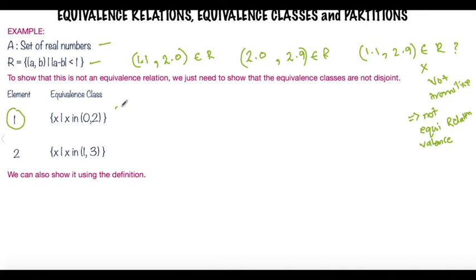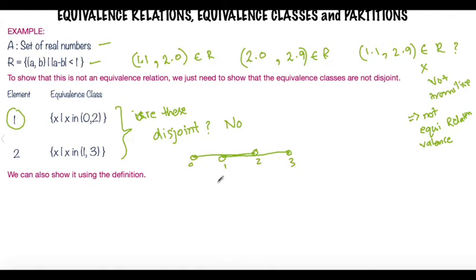Now the question is, are these disjoint? The answer is no, because the first set is from 0 to 2 and the second set is from 1 to 3, with the endpoints not included.